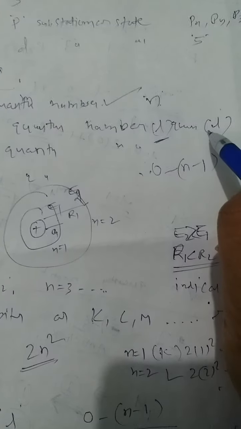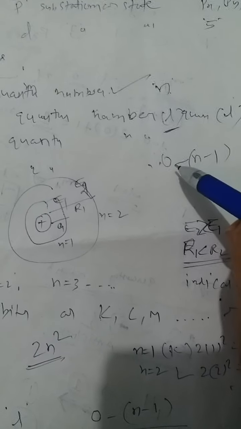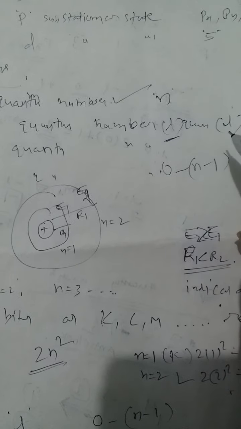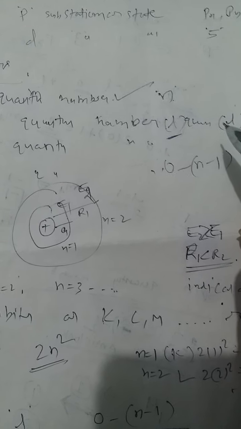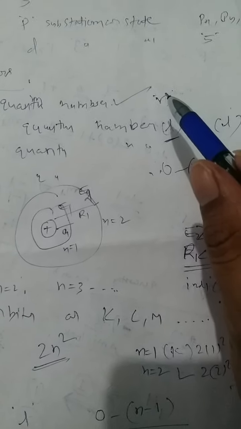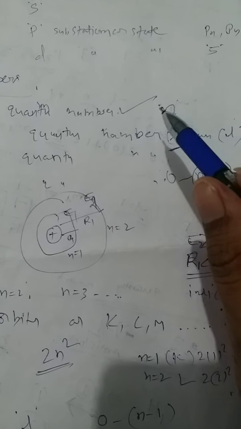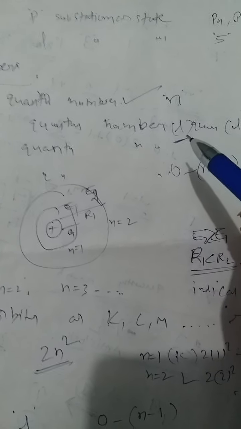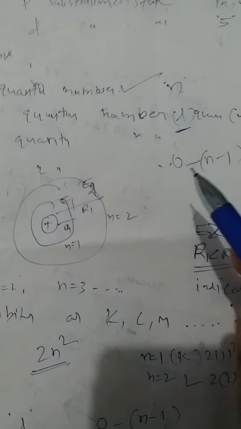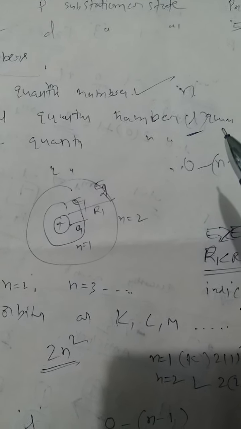Why? Because, according to Sommerfeld, we can conclude that each stationary orbit has substationary orbits. That means l values give information about substationary orbits.